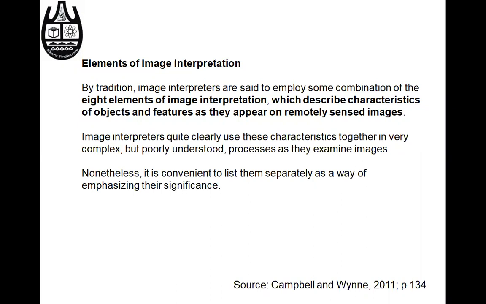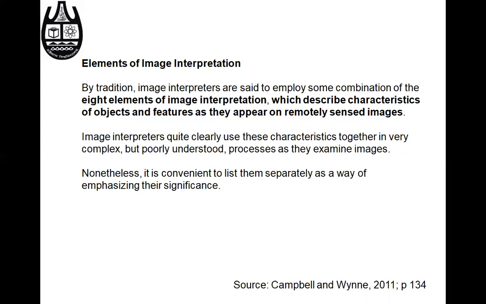So if you say interpretation, I mean identification, I mean counting, and I also mean measurement and delineation. All these tasks would be very comfortable or very easy if you have such elements in your skill.